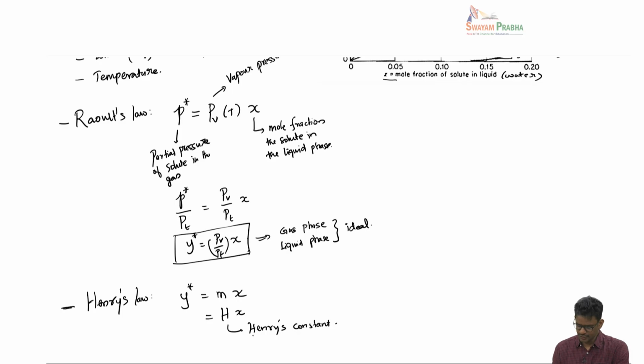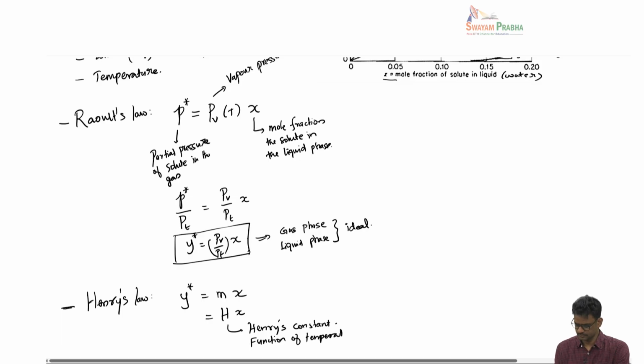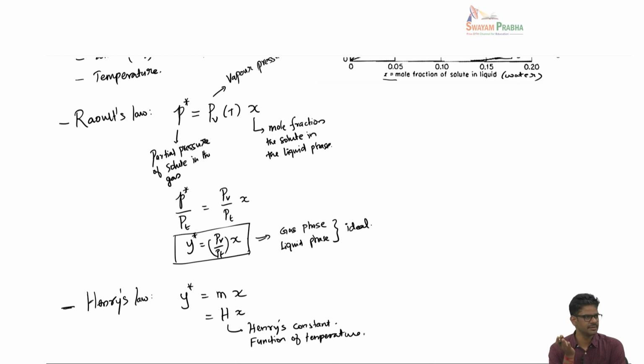And this will also be a function of temperature. This constant will be a function of temperature. And this data is available in tabulated forms. If you look at Perry's handbook, you will see a list of Henry's constants for various solutes in various liquid systems.